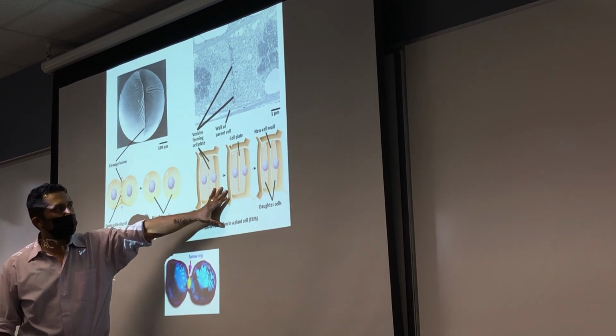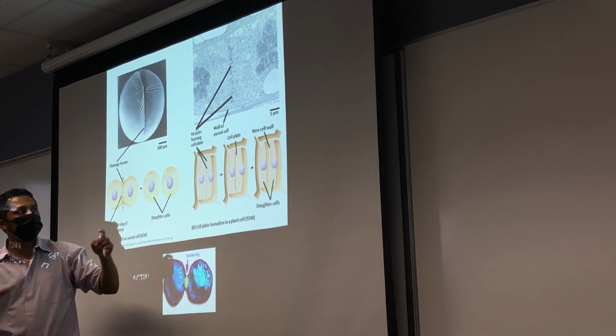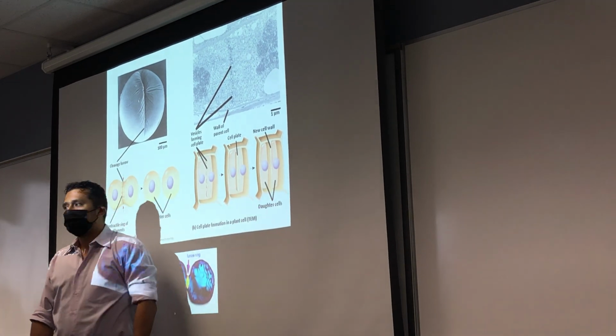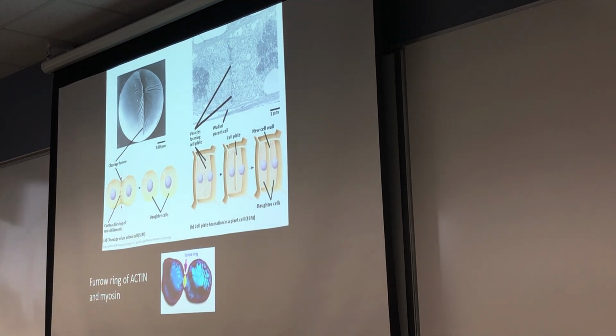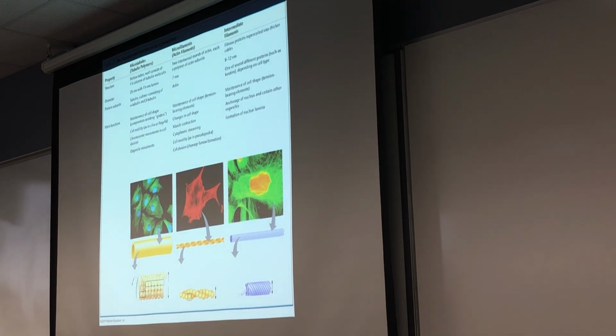In plant cells, the role of the Golgi apparatus is to send vesicles to create the cell plate and then form the new cell wall. So the Golgi apparatus is important. So here you have the different roles of the microtubules, involved in the separation of DNA, and here the microfilaments involved in cytokinesis, contractile ring.